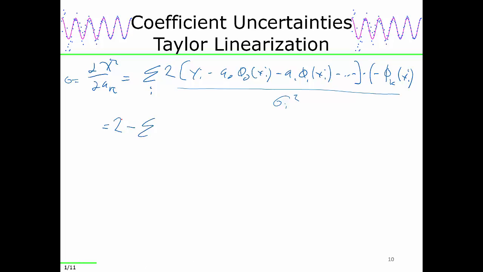Just to clarify, I'll call this negative 2. And then I've got plus, and this is now going to be a summation.